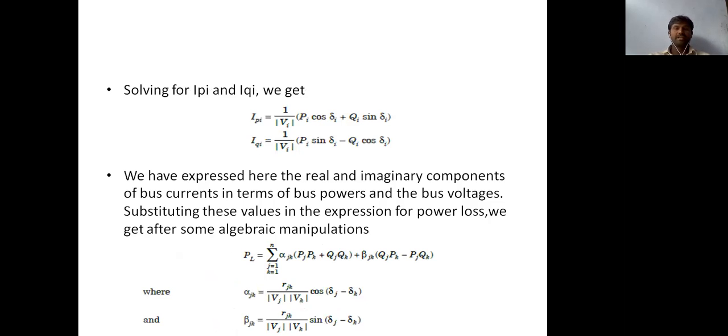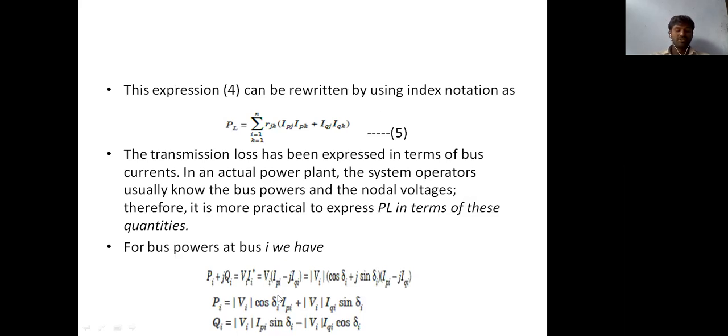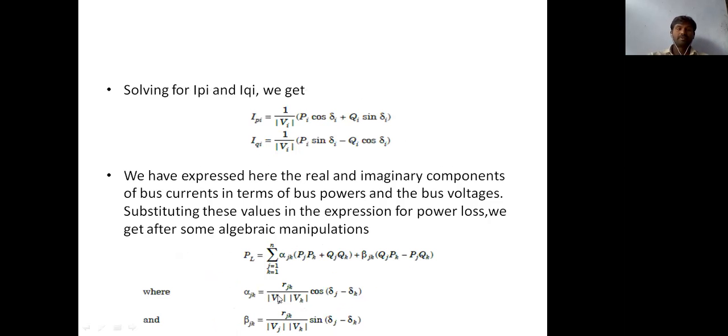Now solving for Ip and Iq from the above equations, we multiply both sides of the Pi equation by cos delta i and the Qi equation by sin delta i, and finally we get the Ip equation: Ip equals 1 by Vi into Pi cos delta i plus Qi sin delta i.